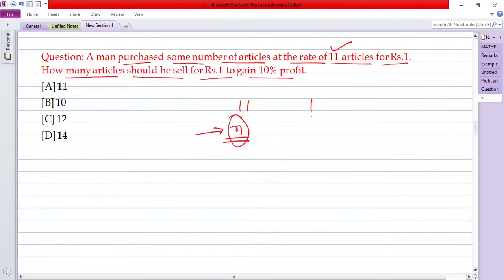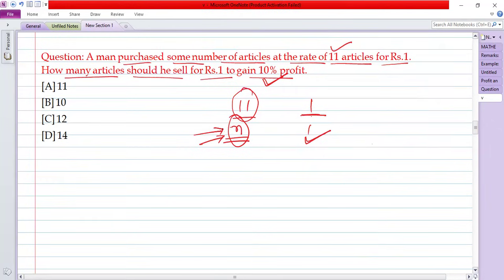Let n articles be what he should sell again for rupee 1. And we need 10% profit. So 11 articles for rupee 1 purchased is the cost price, and n articles sold again for rupee 1 is the selling price.